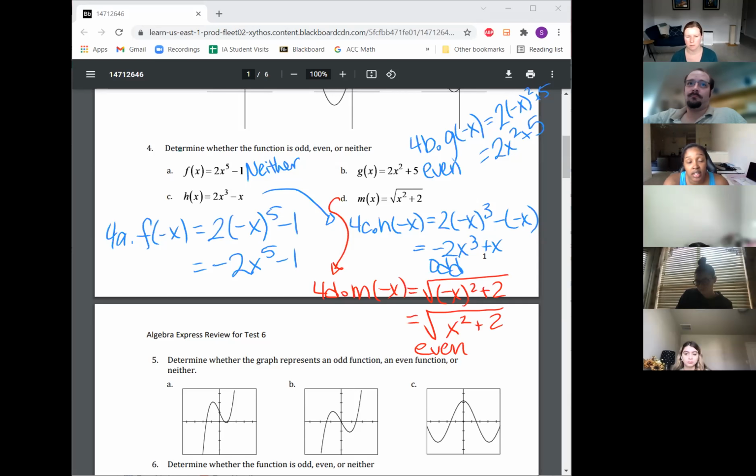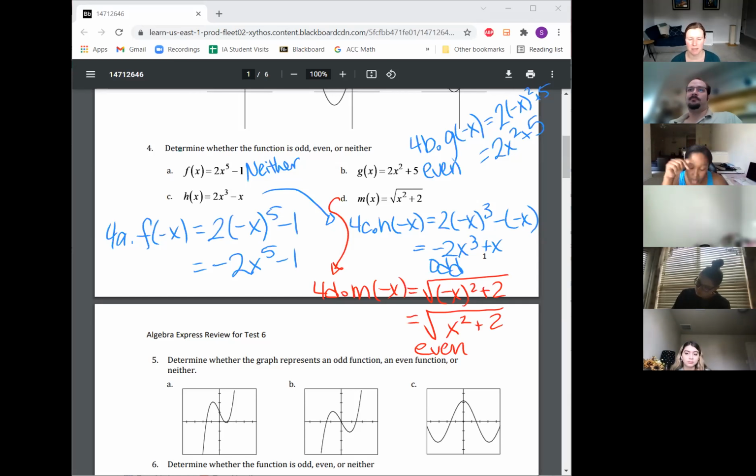When I changed that x into a negative, it spit out -2x to the 5th. But if the exponent was a 6, that would have changed it back to positive. Yes. Okay, that's why I'm kind of getting confused with the exponents, like x times a negative x. I'm just trying to confirm that.